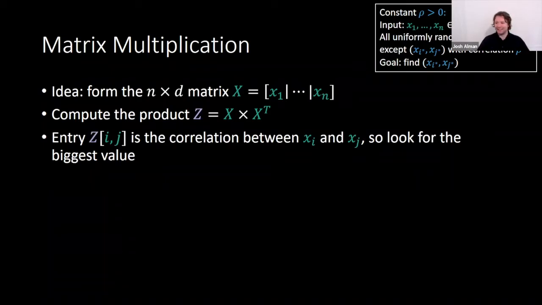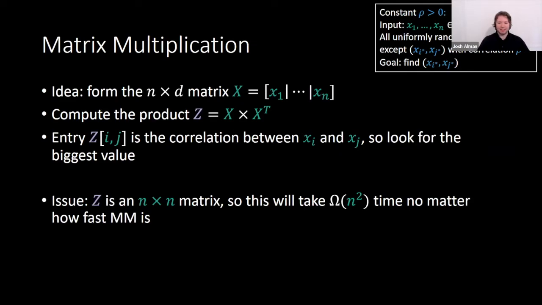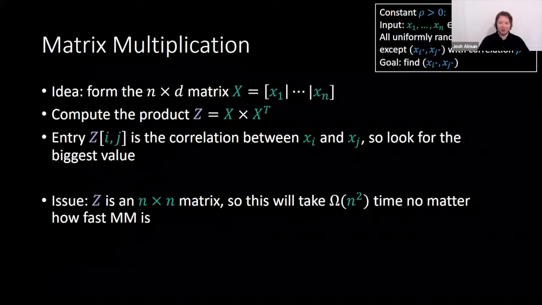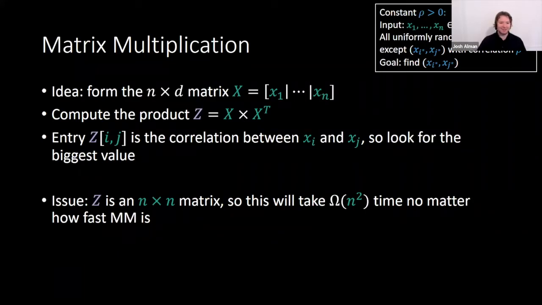The issue with trying to use this to solve the problem fast is that this output matrix Z is an n by n matrix, which has n squared entries. So no matter how fast your fast matrix multiplication algorithm is, it's still going to take quadratic time to do this matrix product and output n squared numbers. So if we want a sub-quadratic time algorithm, we have to do something more clever than this.